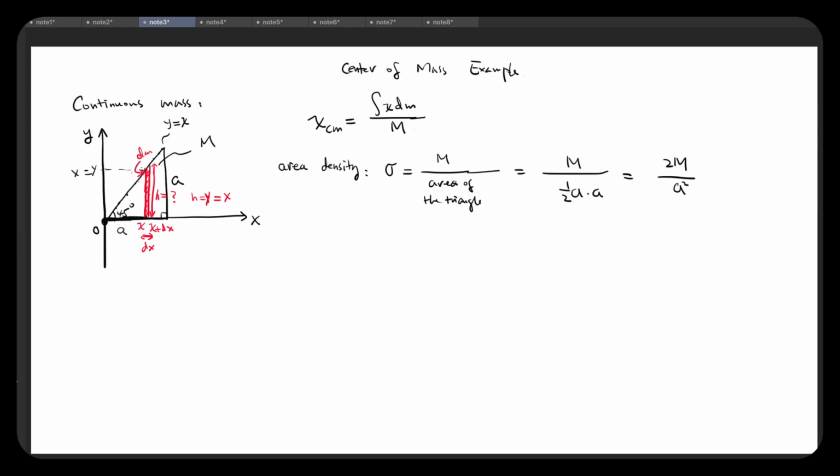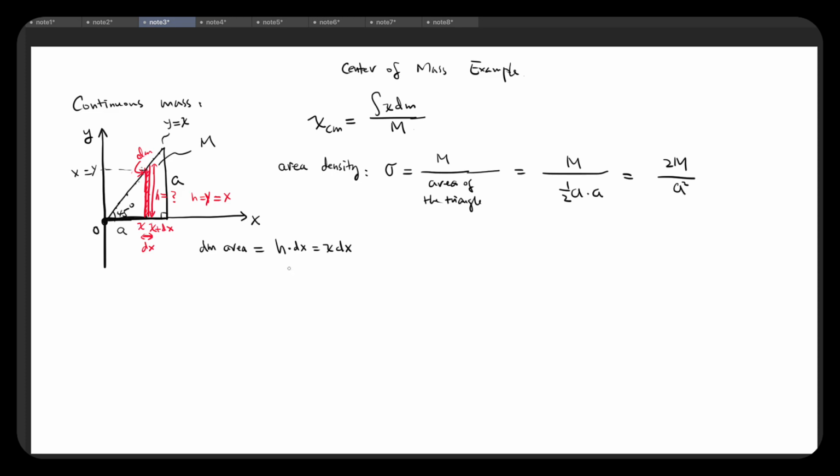Now we can calculate the area of the red stripe. The rectangle's area is the height h times dx, which is x dx.